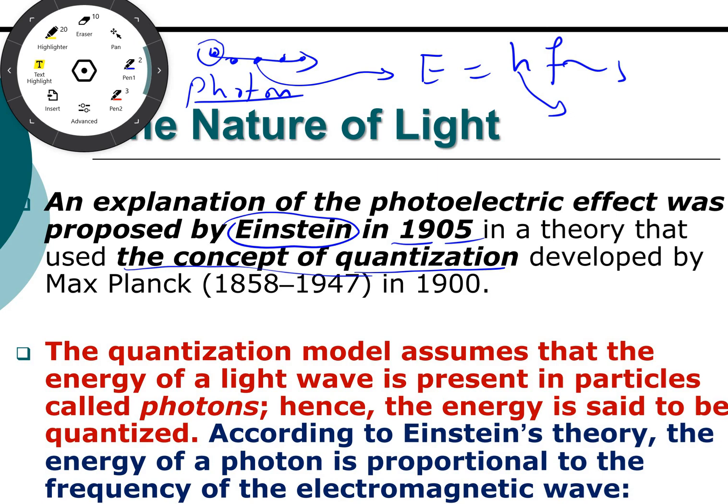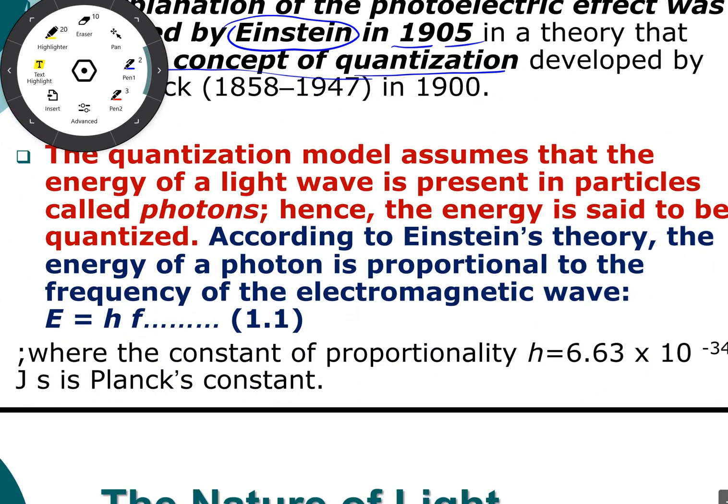And he also tried to use a new concept, because the wave nature couldn't explain the photoelectric effect, and he assumed that the light consists of quanta of energies. Each quantum has energy, as I said. This energy is h multiplied by f, and each quantum of energy is called a photon.